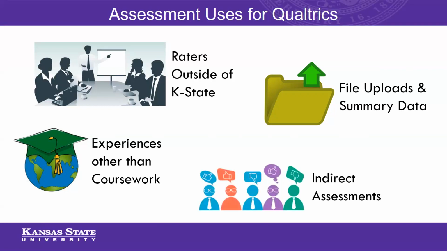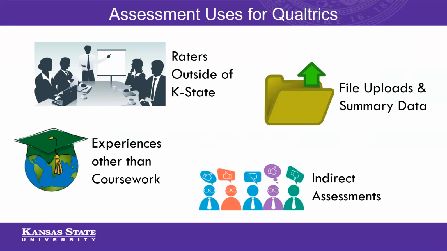And then finally, this is more typical of what a survey system will do, and what surveys do is get indirect assessments. So what do students think about their learning? What's their opinion of how much they've learned, rather than those direct assessments, which have the raters, the faculty member or supervisor or whatnot, rate how well students are demonstrating their skills or knowledge or dispositions in certain outcome areas.